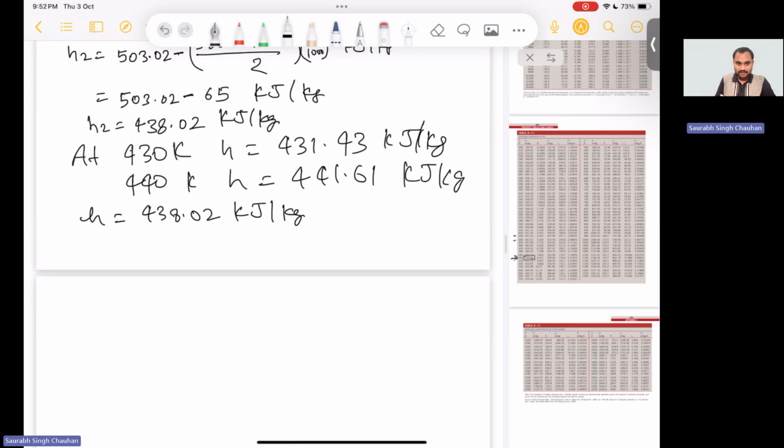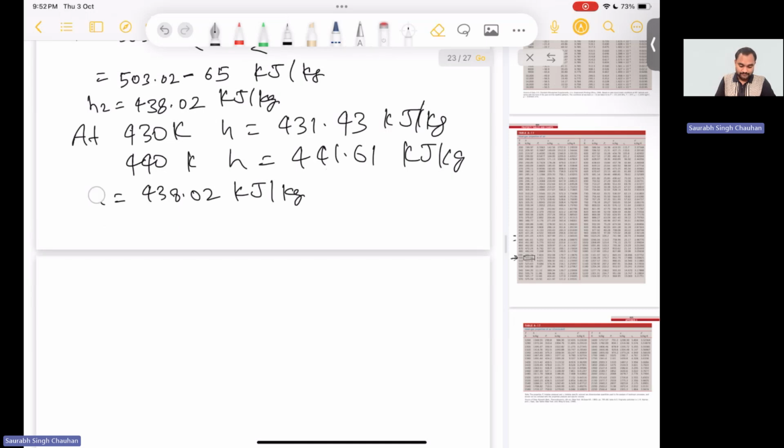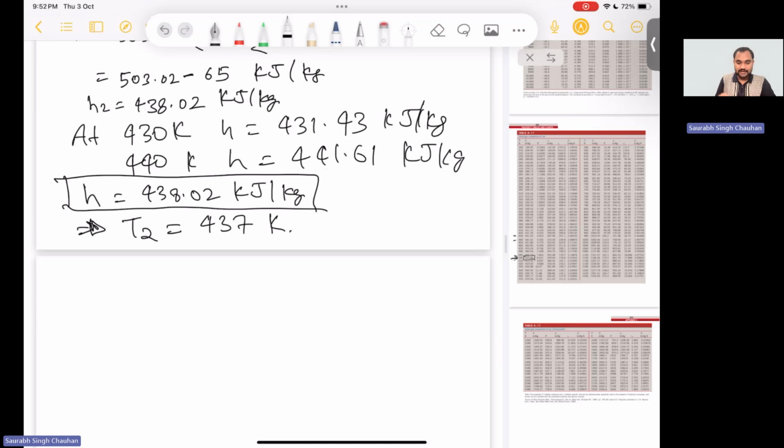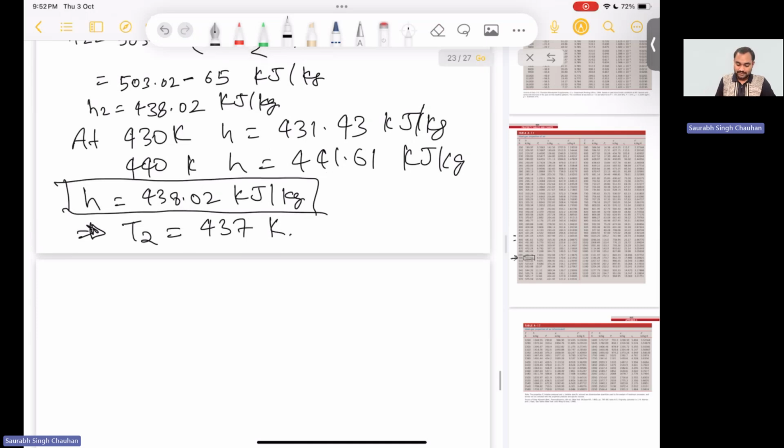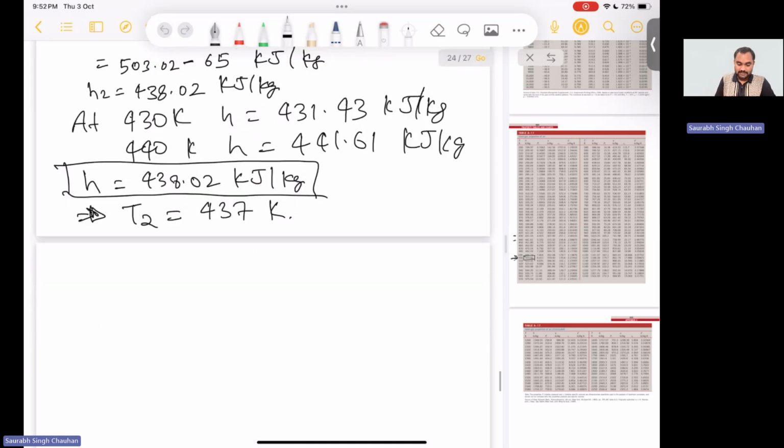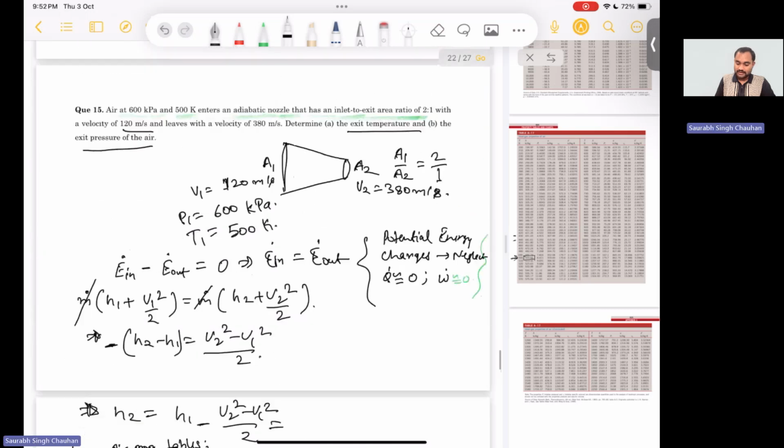To find that value, you can use interpolation, and that is T2 equal to 437 Kelvin. So at 437 Kelvin, the enthalpy will be approximately 438.02 kilojoule per kg. That will be the outlet temperature.